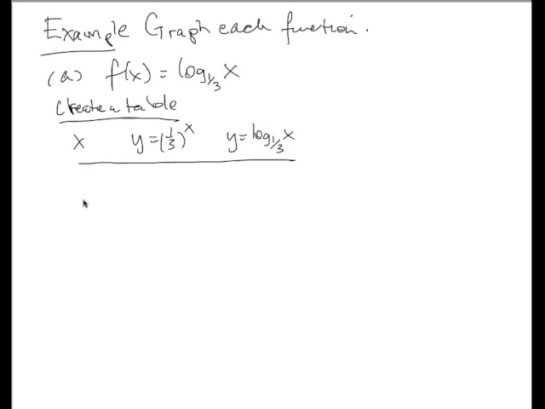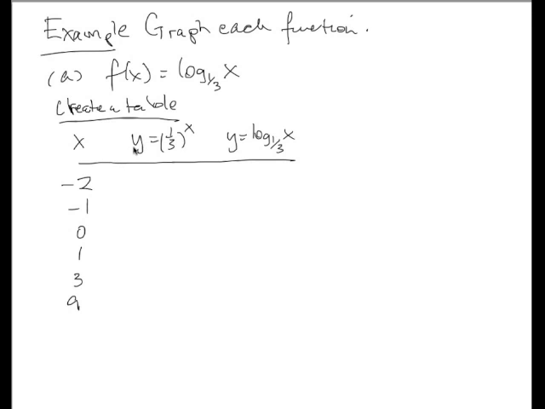Let's start with some values. We don't want too big of values because the functions change quite quickly. So let's look at -2, -1, 0, 1, 3, and 9. I'm using factors of 3 here.